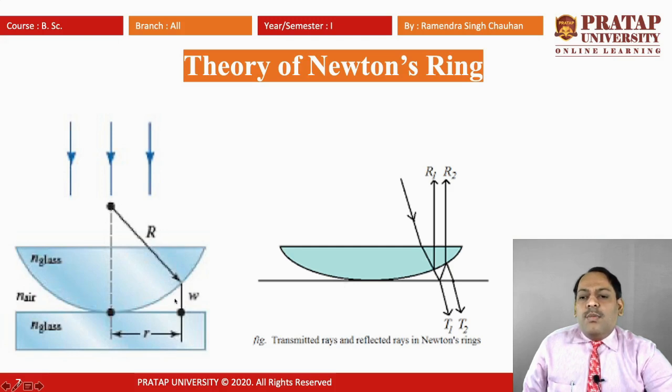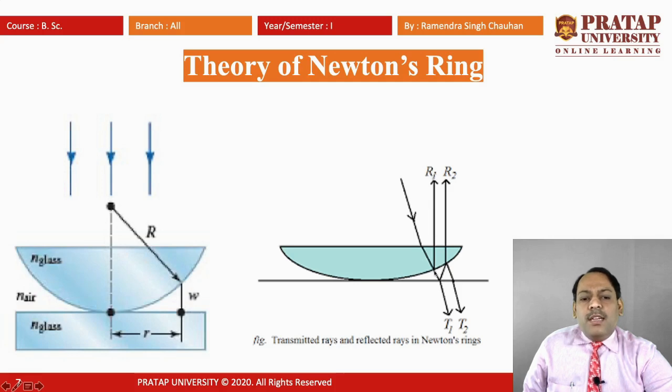So, now we can see what is happening, the ray diagram here. Suppose a light ray is incident on the plano-convex lens. It will get refracted, a slightly refracted ray is shown, and when it is refracting from the lower surface of the lens, the reflection is taking place, that is ray R1 is coming.